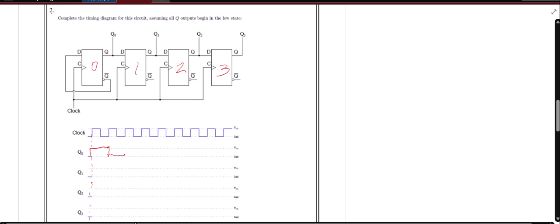But now, since Q is 0, Q bar is 1, and so it has the input of 1, and so it'll go back up to 1. And it's just going to keep alternating like that, because each time its input is the complement of what the output was the time before.